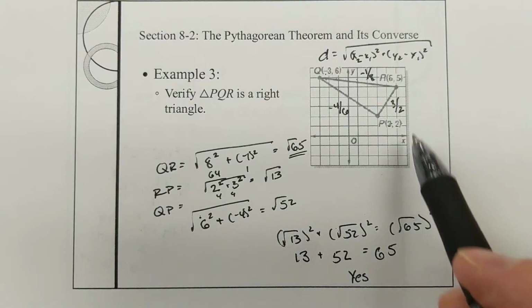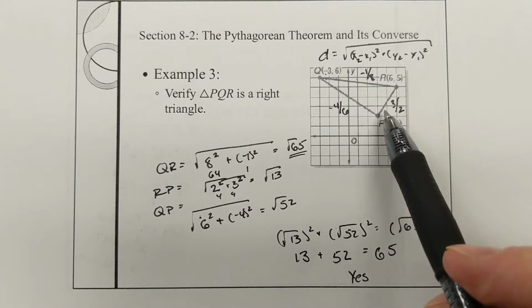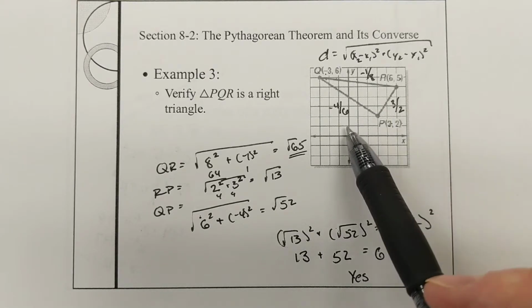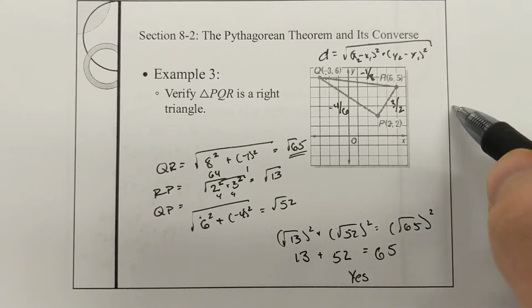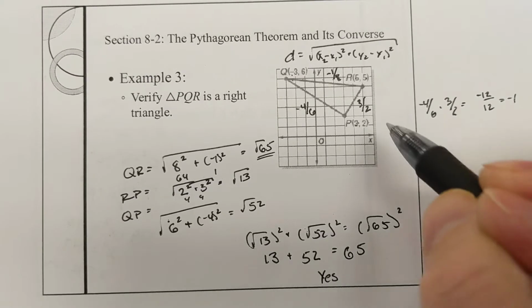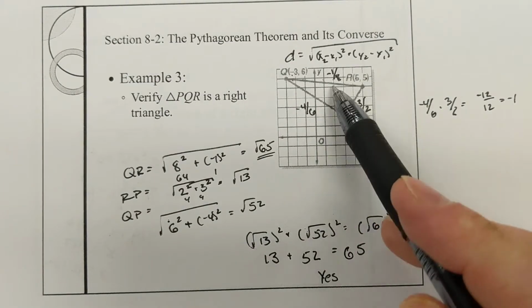So if you're going to do it with slope, you check pairs, and if they multiply to make negative 1, at least one pair, you have a right triangle. And right here, negative 4/6 times positive 3/2 is negative 12 over 12, which is negative 1. So the right angle actually sits right there. But if you don't immediately see that, you just check the pairs.